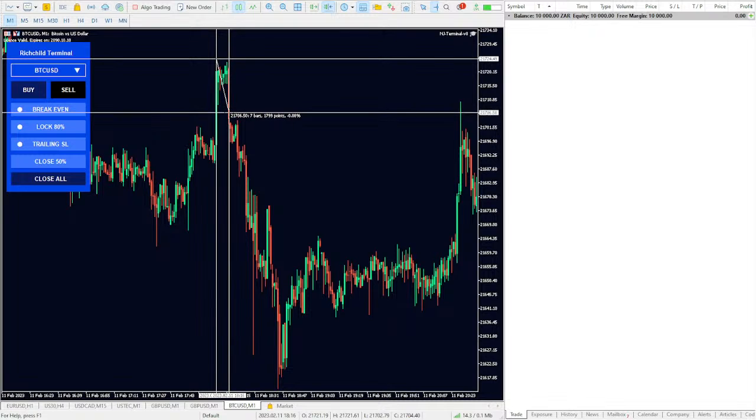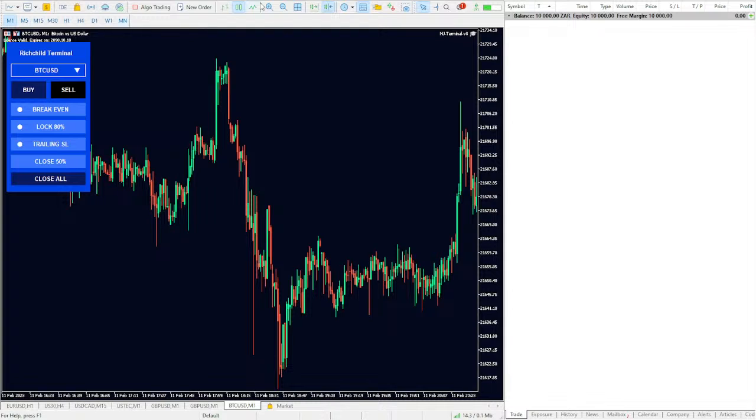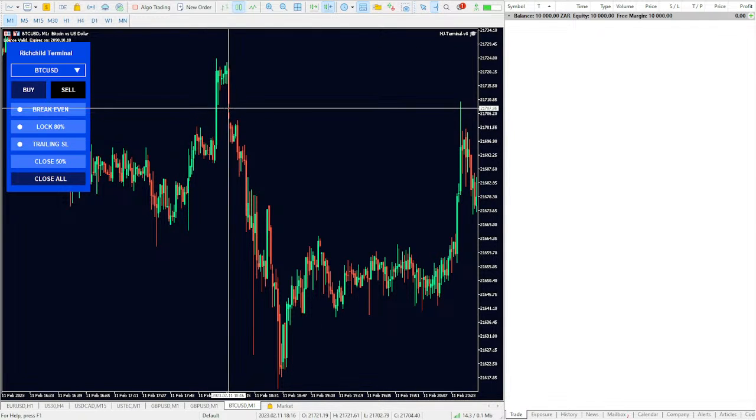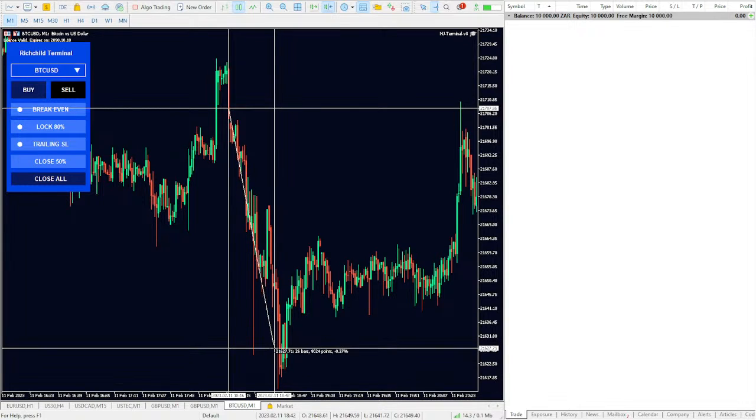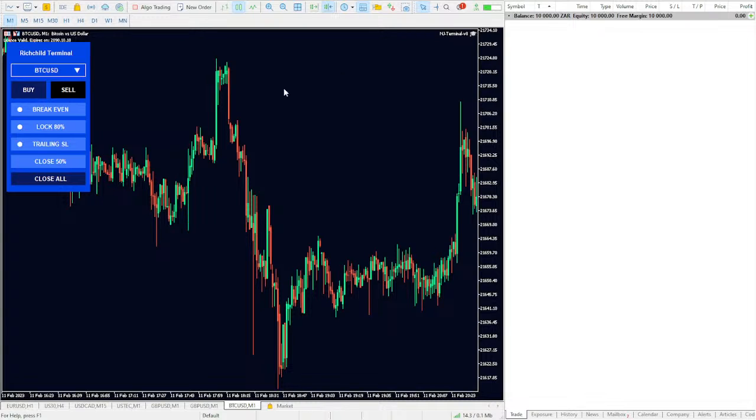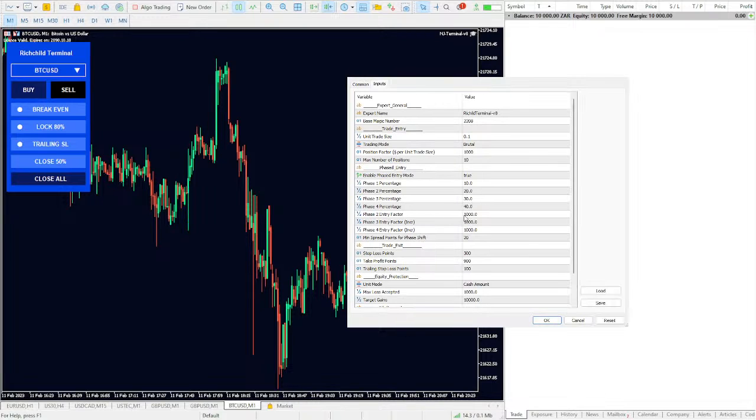Let me just say 2,000 points is a good stop loss for this. If I want to make all of this, about 8,000 is a good take profit. So I'm going to say my take profit is 8,000, stop loss points is 2,000.